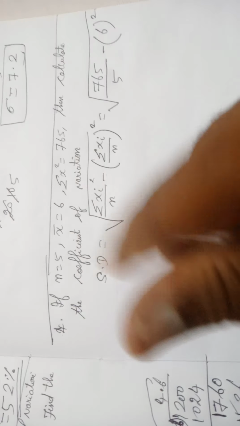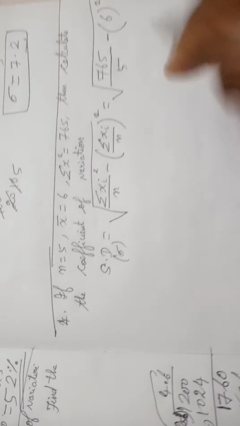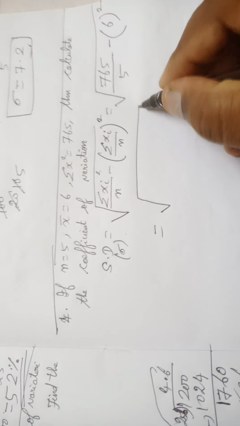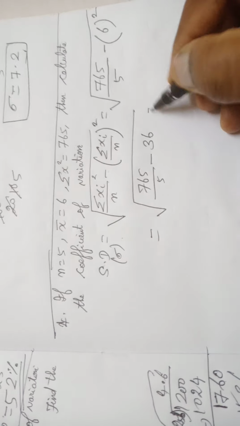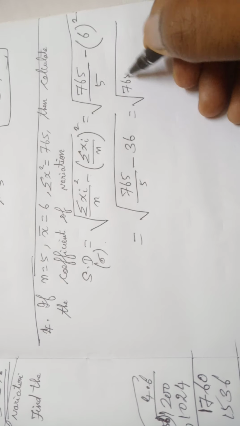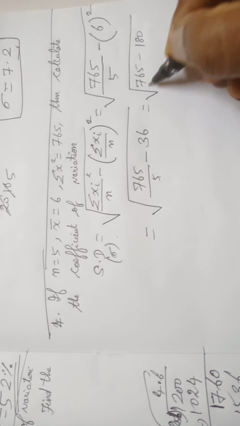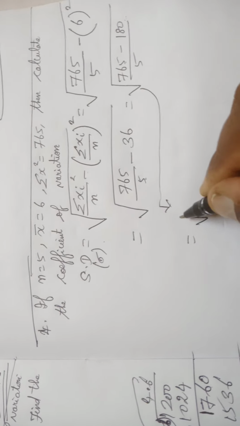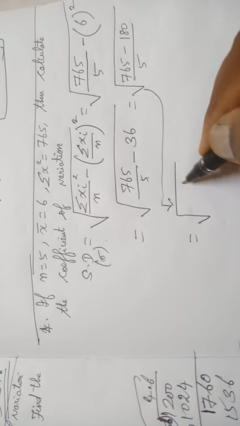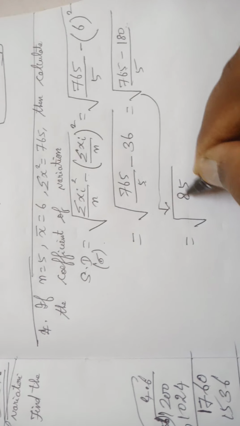Now this is the standard deviation value. So now 765 by 5 minus 36, equal to 765 minus 36 into 5, that is 180, divided by 5. So 765 minus 180 is how much? 5 minus 0, 5. 6, if you cut, 16. 16 minus 8, 8.